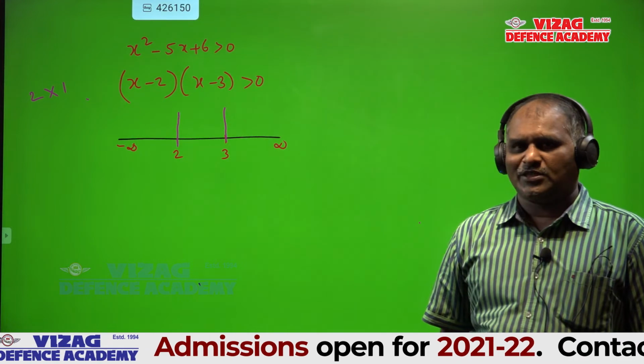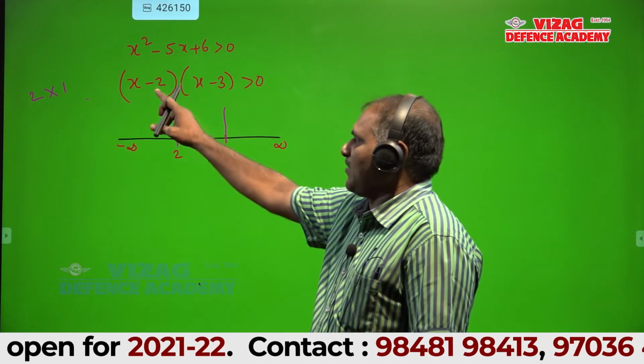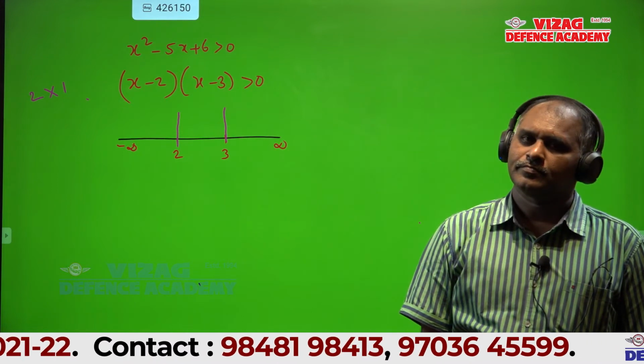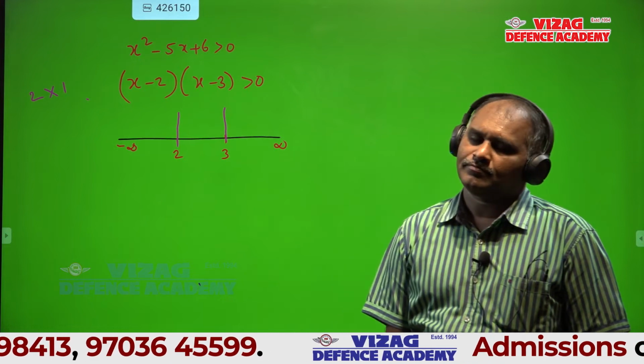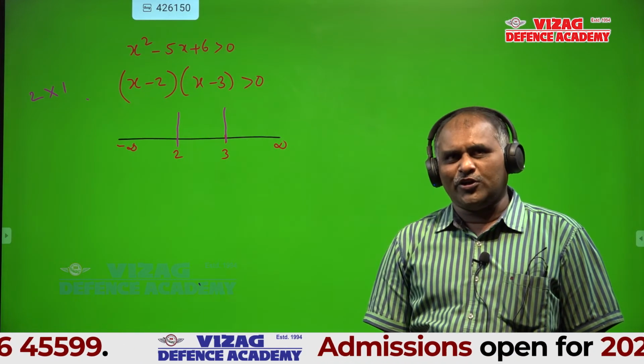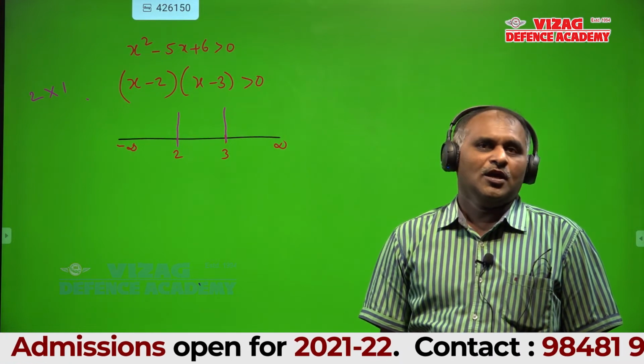Again, between 3 and infinity, instead of 4, suppose I substitute 7. What is 7 minus 2? 5. 7 minus 3? 4. 4 into 5, positive or negative? Positive.